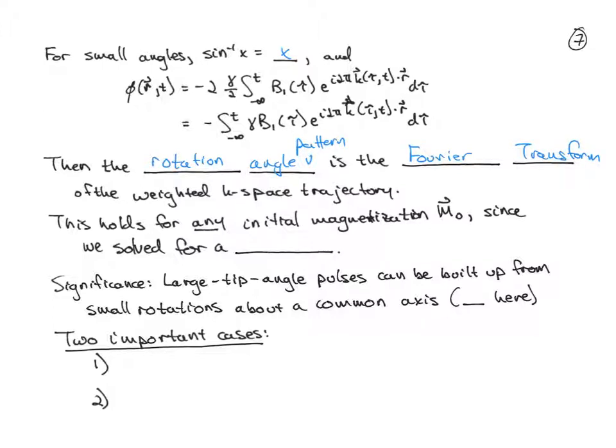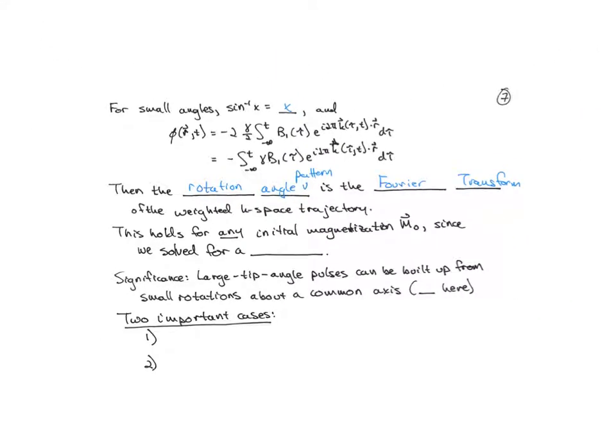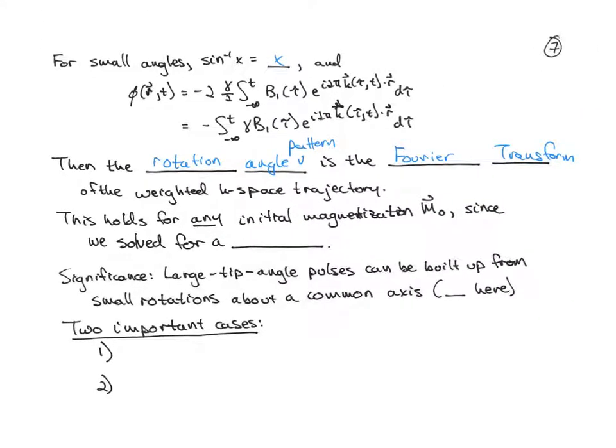And this holds for any initial magnetization M naught. We didn't assume anything about M naught in arriving at this. That's because overall we solved for a rotation, not for magnetization. We have yet to apply it to any state of magnetization.